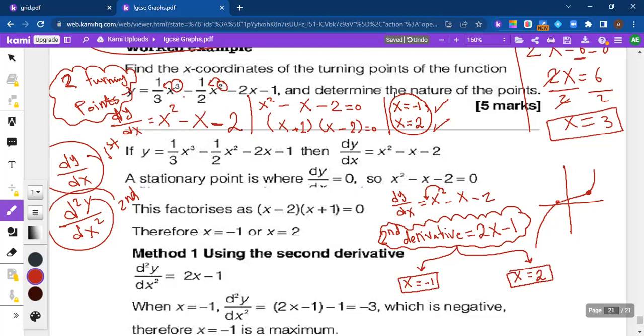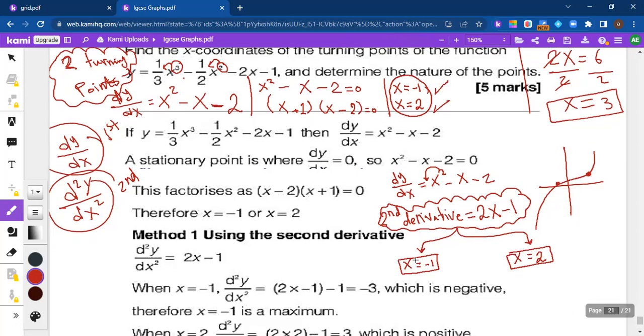Substitute both x equals -1 and x equals 2. When x equals -1, what is the value of the derivative? 2 times -1 minus 1. 2 times -1 is -2. -2 minus 1 is -3. When x equals 2, 2 times 2 minus 1. 2 times 2 is 4. 4 minus 1 is 3.